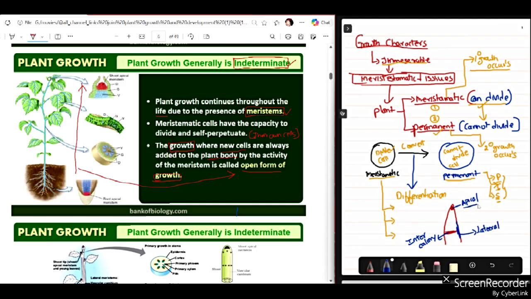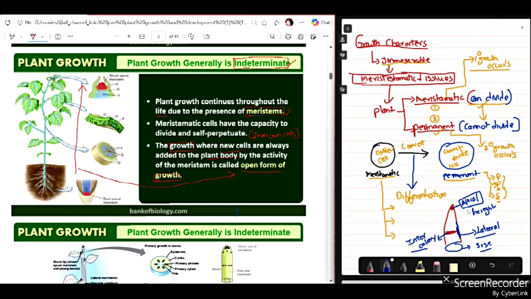The apical meristem is the main meristem used for the growth of the height of the plant, and the intercalary and lateral meristems are for the growth of the plant in size. Growth means increasing the size of the plant.